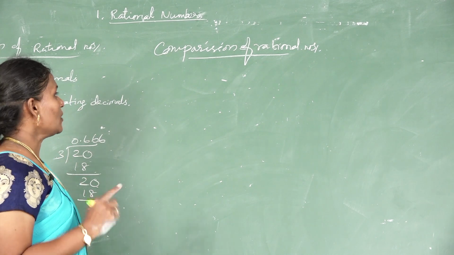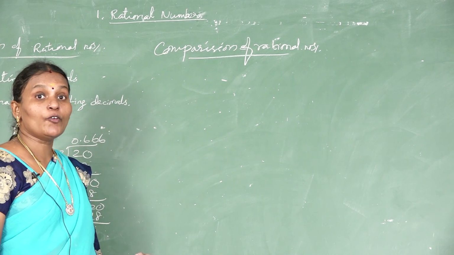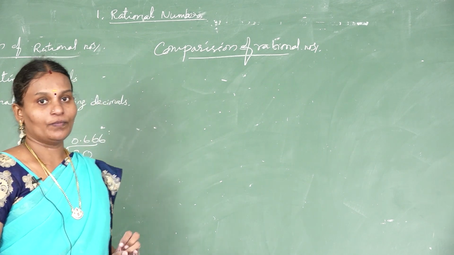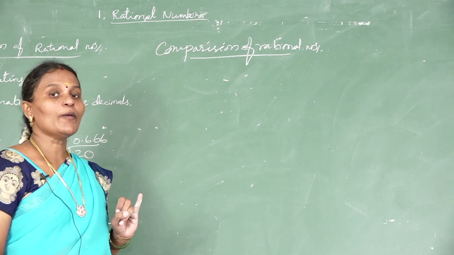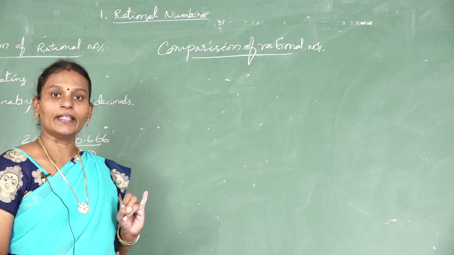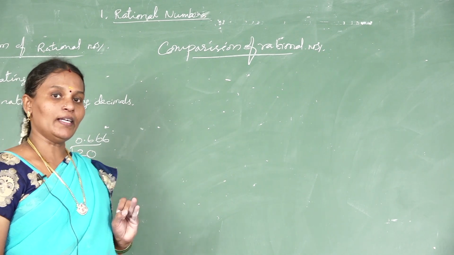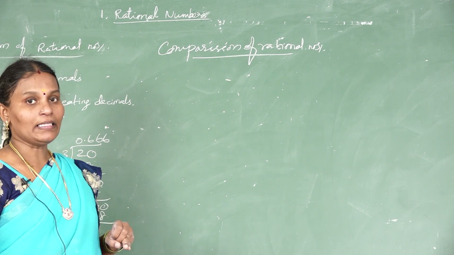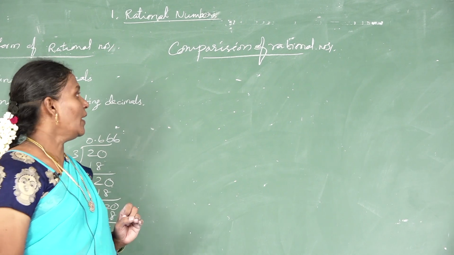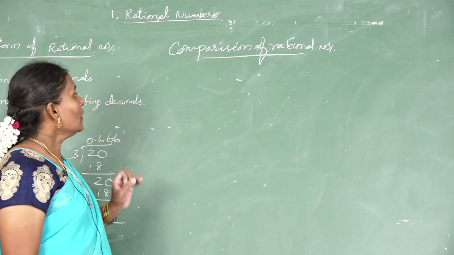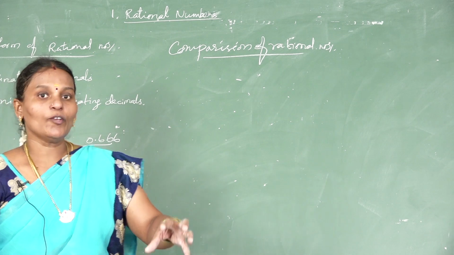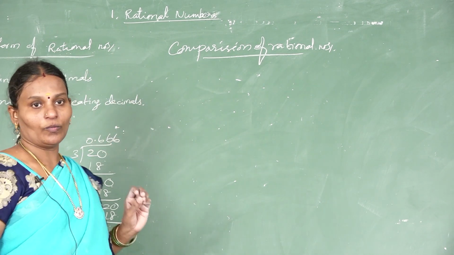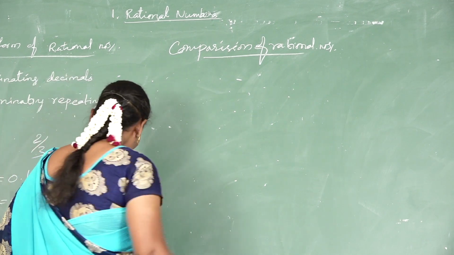You see, the first one, every positive rational number is greater than 0. And the second condition, every negative rational number is less than 0. And when we compare positive and negative rational numbers, the positive is greater than the negative. Now let's see how to compare.